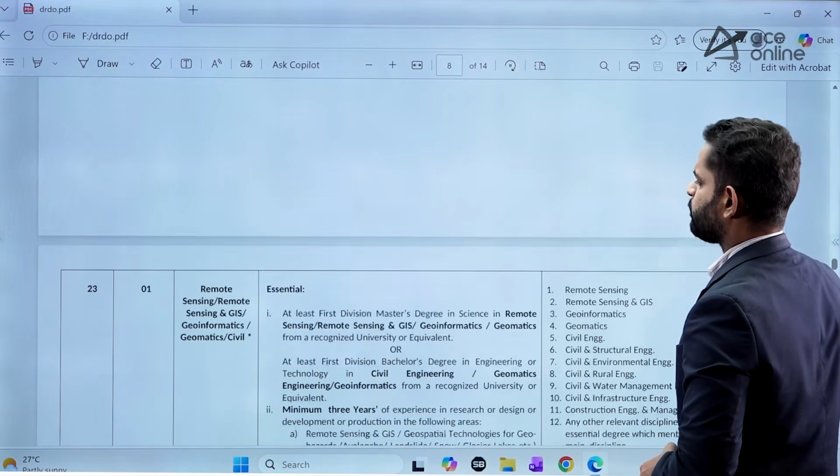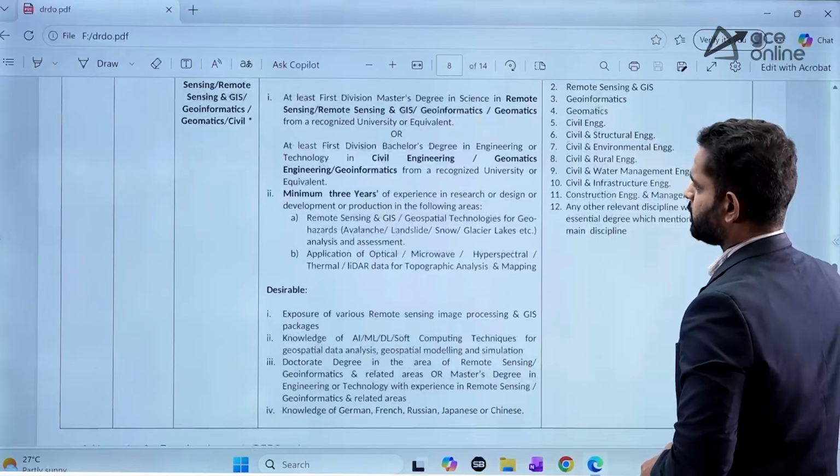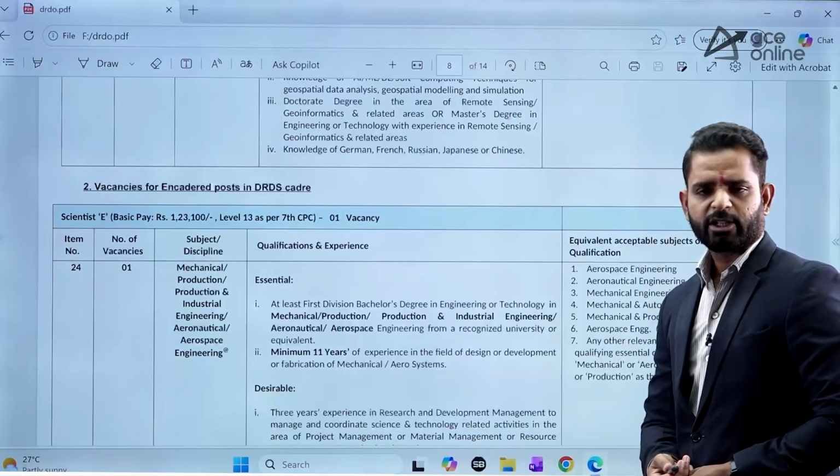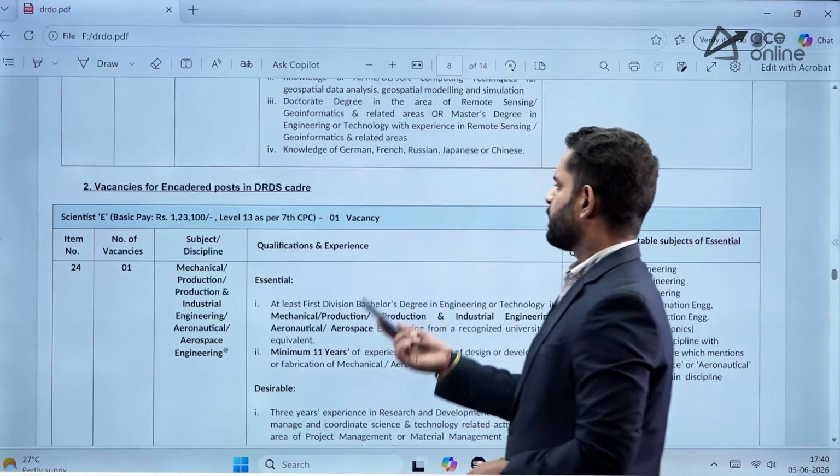So here all important vacancies, their subject and discipline, and educational qualification and experience are given.